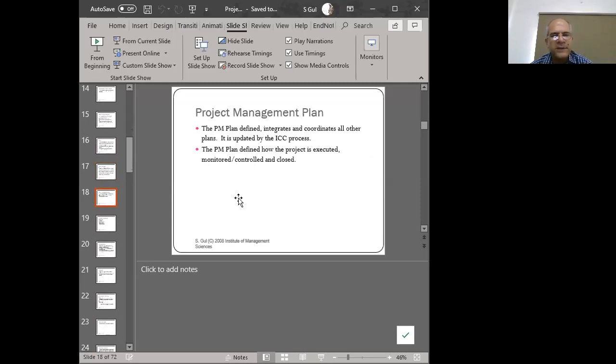Now, the project management plan is always going to be there. And the project management plan is something that doesn't exist from the beginning of the project. Rather, it slowly develops as the planning of the project takes place, right? So you will have concepts from the scope going into the plan, specifically the charter and the WBS.